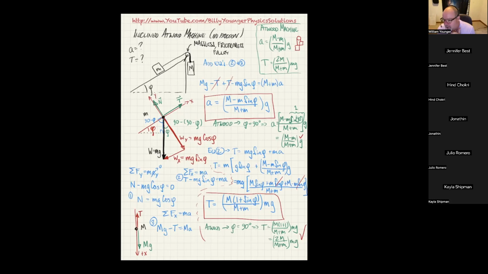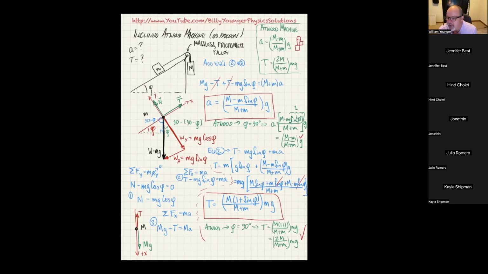It wasn't really an increase in weight. It was an apparent one, because the scale has to hold up not only you, which has a weight of your mass times g, but it's also got to provide the force that accelerates you upward, like the elevator's doing.